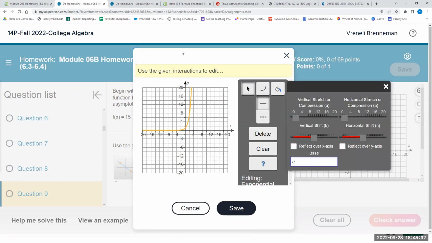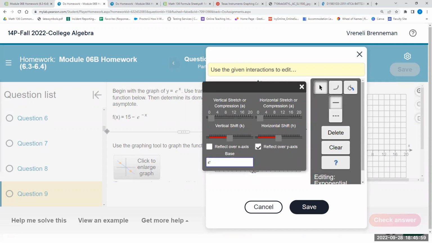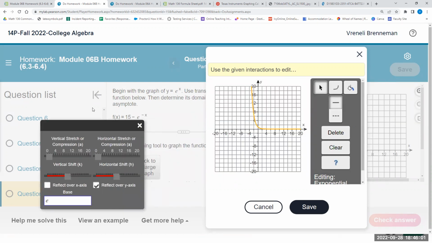Then I need to look and make sure. My equation here was 15 minus e to the negative x. The first thing you want to check for is the base, down here, and I have a base e. Then work your way from the x out. The first thing that happens is x switched to negative x. That's a horizontal reflection, a reflection over the y-axis, and we see that flip happen.